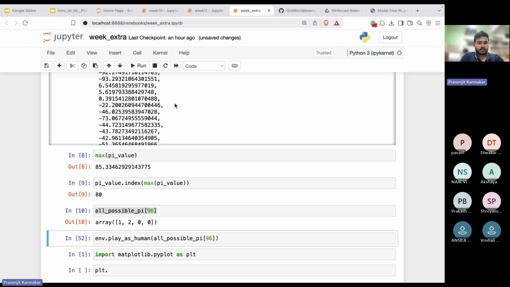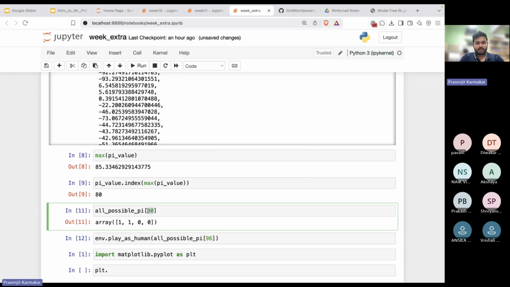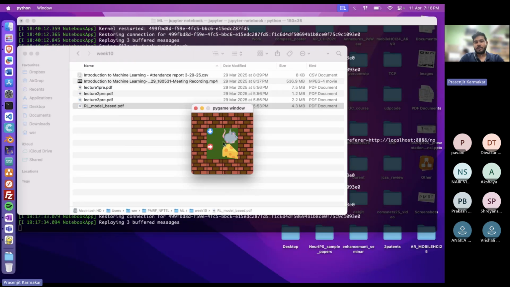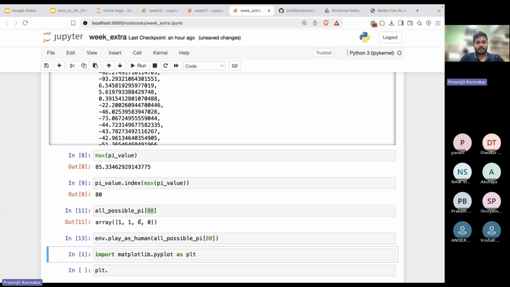Okay, now it is 80, as it is different all the time, right? Now it is the 80th. If I just replace it with 80, what was that policy? It's the same policy. So maybe these two states, which are don't-care states, have different values.